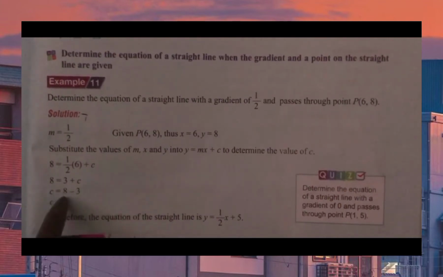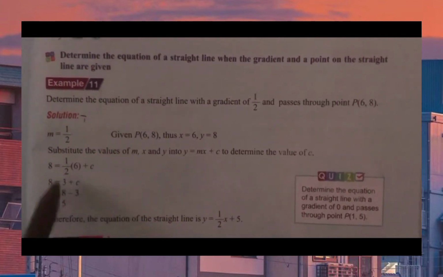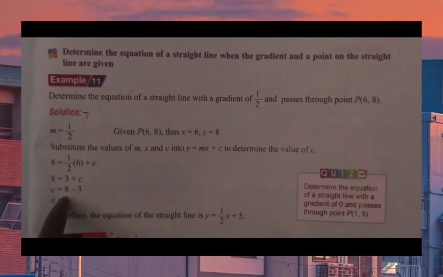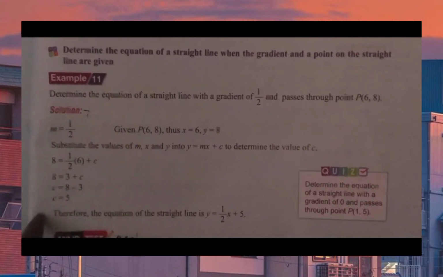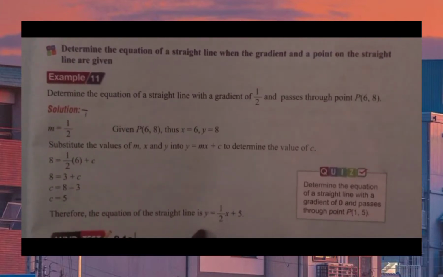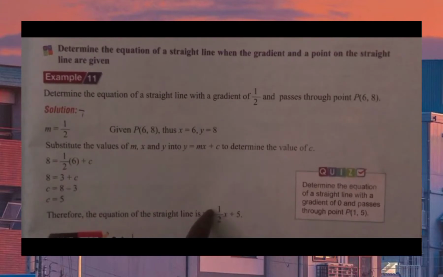So 8 = 3 + c. Then c = 8 - 3, and c = 5. Therefore, the equation of the straight line is y = 1/2 x + 5.